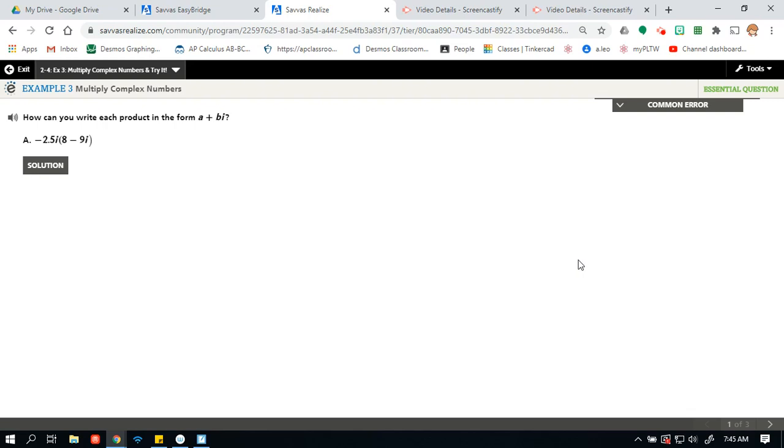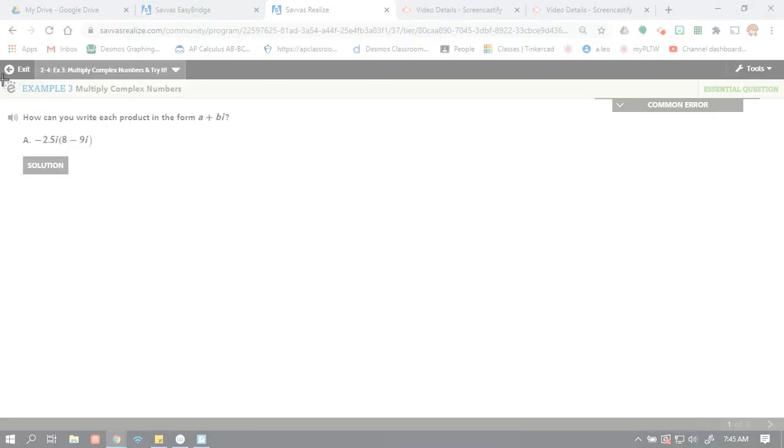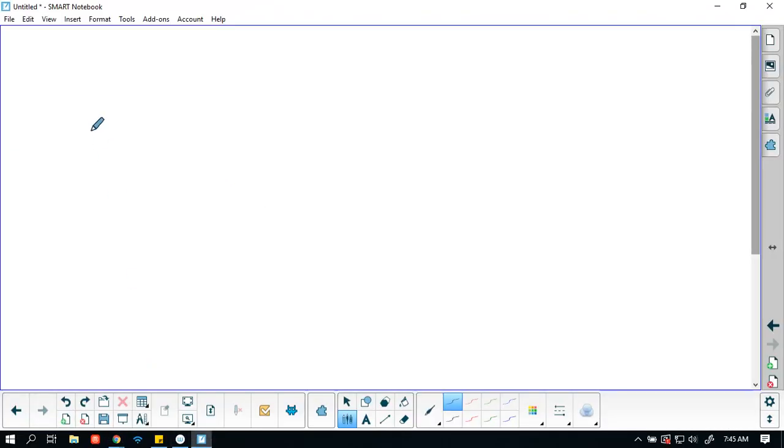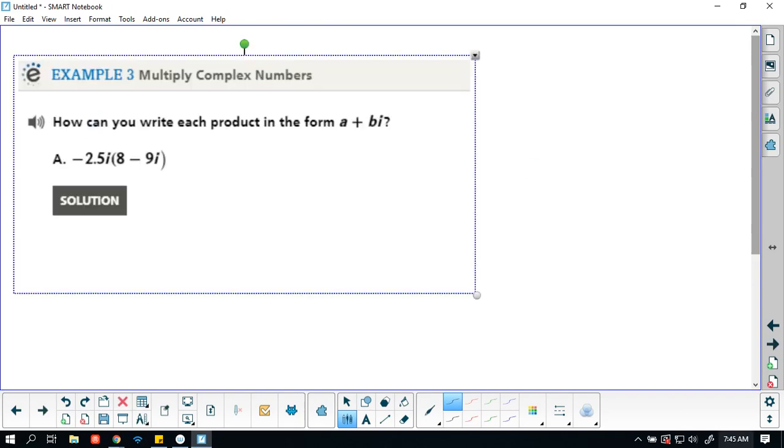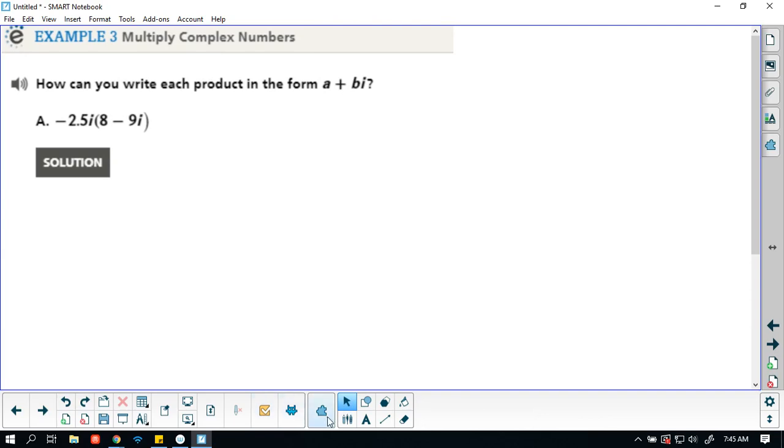So how can you write each product in the form a plus bi? Again, they want us to write these in that complex number form. Looking at this, we're going to treat i as if it was a variable, but there are certain rules.